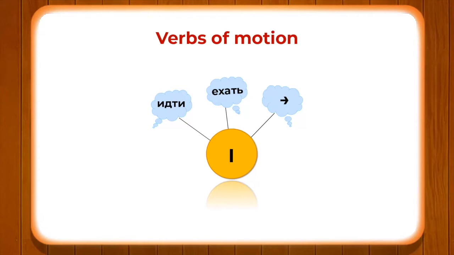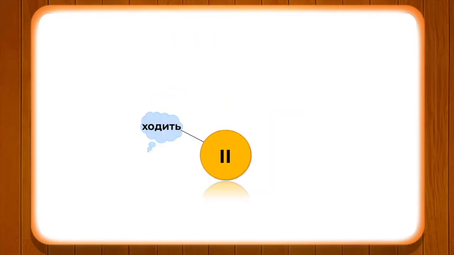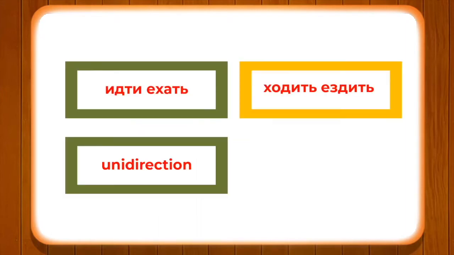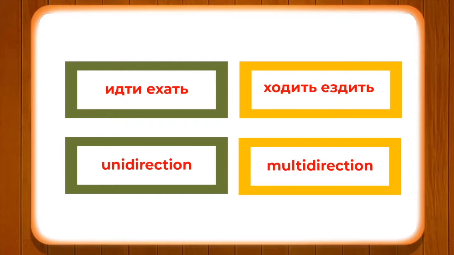That is why it is important. Then you have the second set of verbs, khodit and yezdit. You will learn about them in detail in the dedicated session. Till now you only need to remember the basic difference: idti and yekhat are unidirection, whereas khodit and yezdit are multi-direction. Hope this concept is clear.